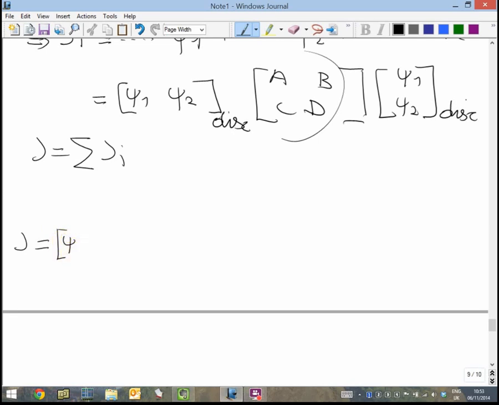So we build a big matrix consisting of all different sub-elements. So we have psi1 in the first element and a psi2 in the first element. And then you have a psi1 in the second element and a psi2 in the second element. Psi1 in the third element. Okay, you get the picture. This is all in the disconnected numbering scheme.